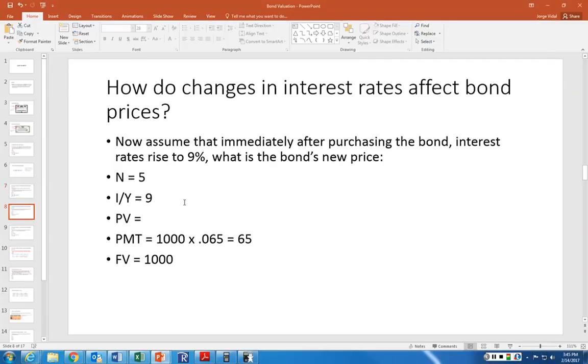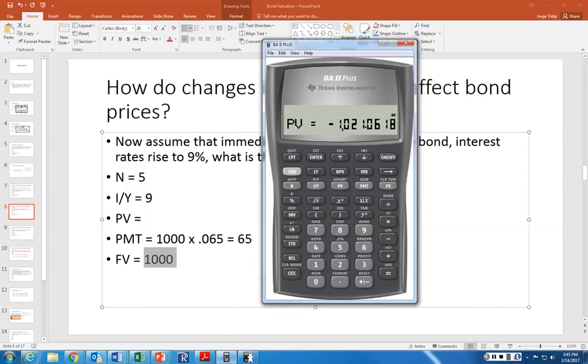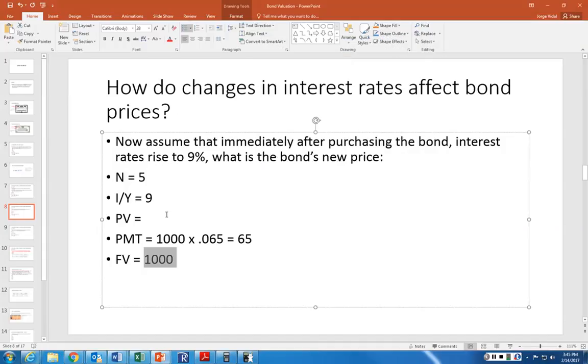Now, let's go the other way. The rates go up from 8% to 9% immediately after. So n equals 5, IY 9, payment 65, future value 1000. So let's make 9 IY, compute present value, price 902.